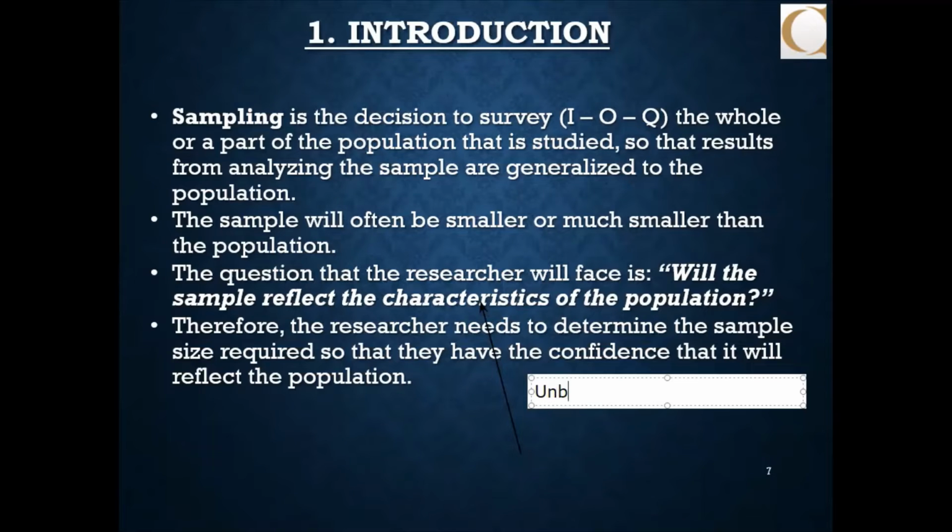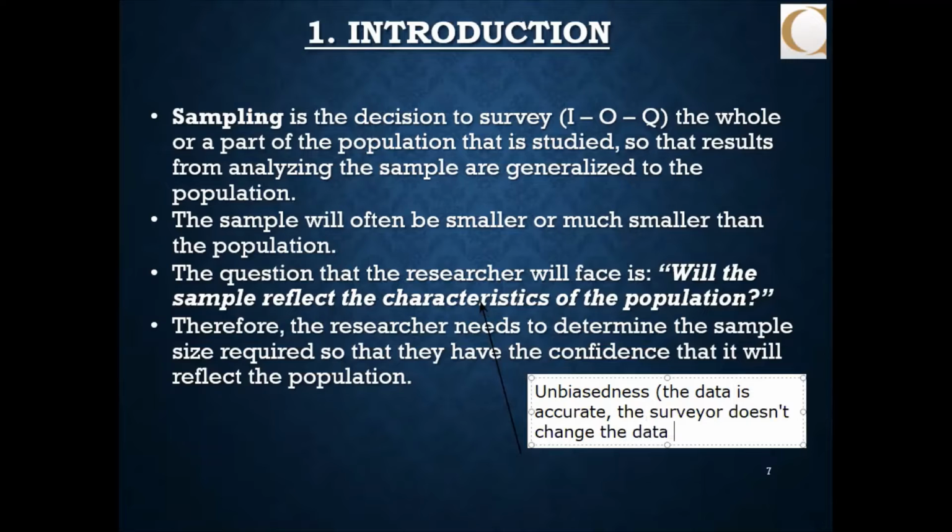So like unbiasedness, so the data is accurate, the surveyor doesn't change the data. Also, the group in the sample has randomly chosen people.